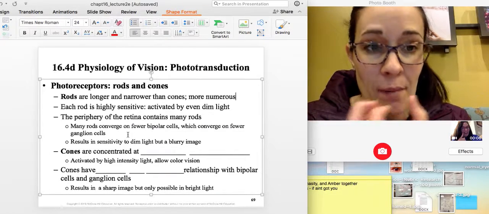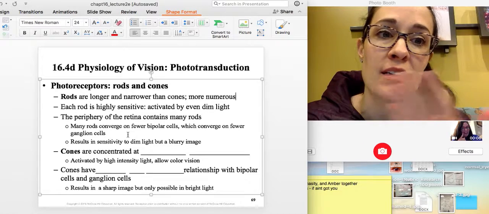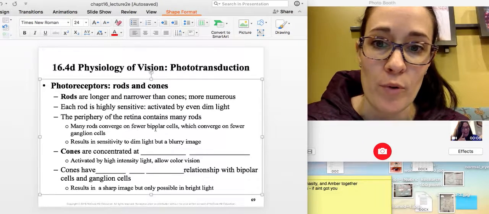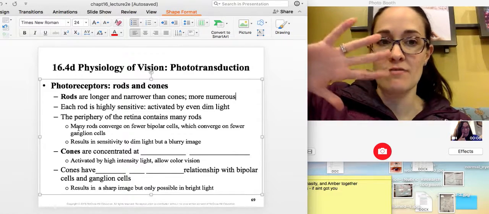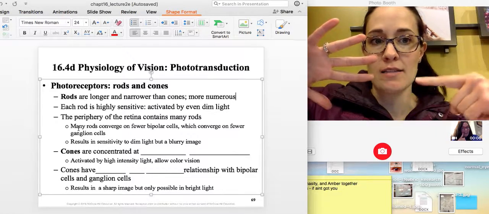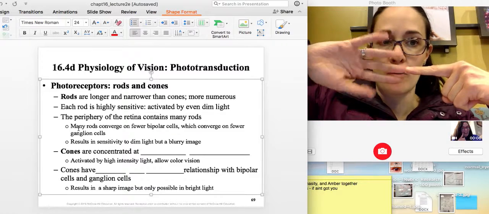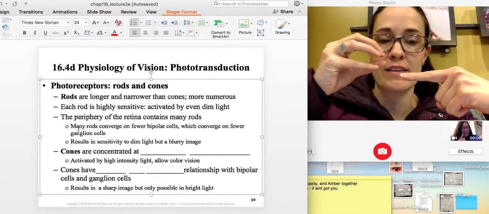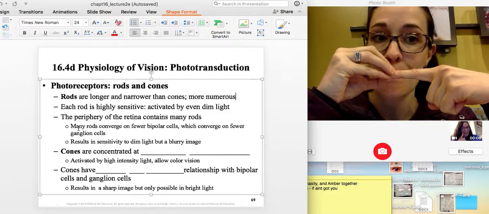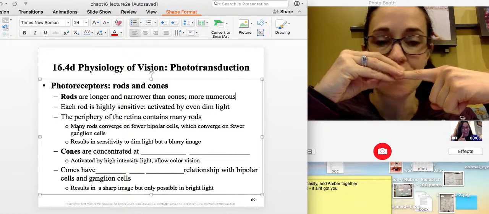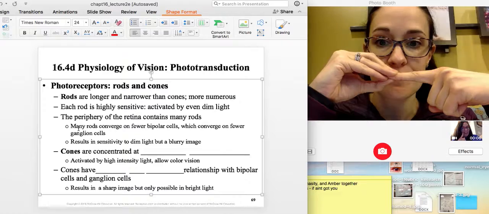Rods will pick up the light energy and send it to the next cell, called a bipolar cell. Many rods, let's say 5 rods, converge with one bipolar cell. All 5 of these rods tell this one bipolar cell what they have seen in the dim light.